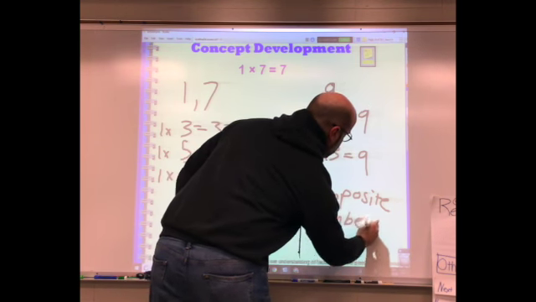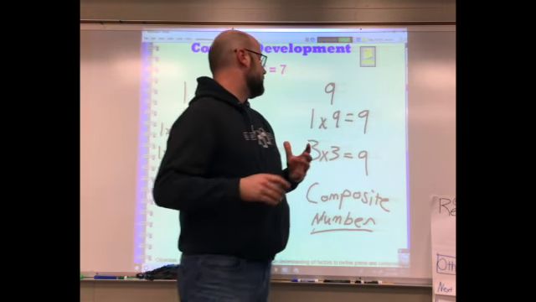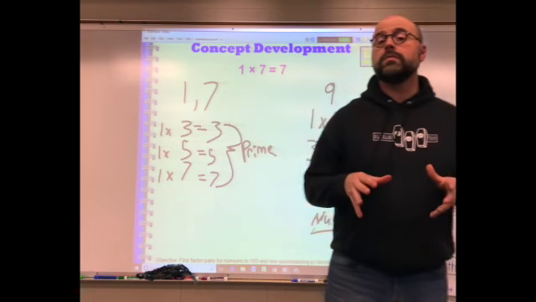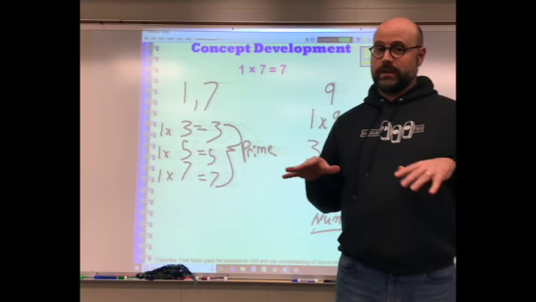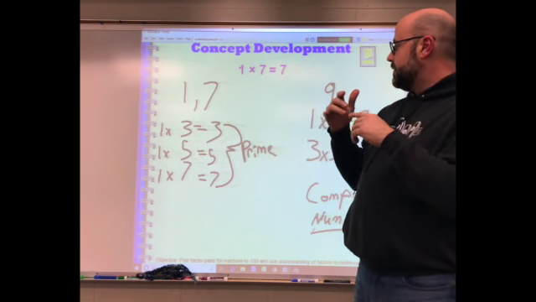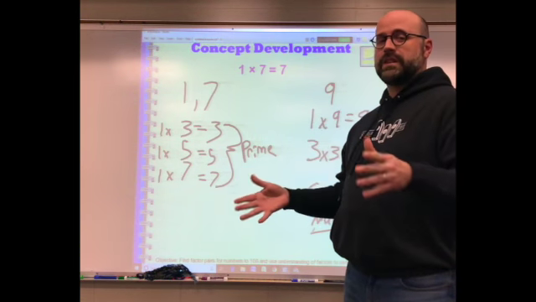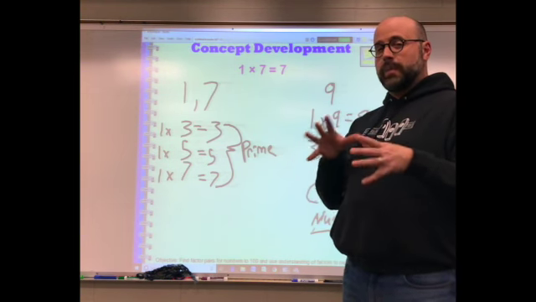And a composite number is any number. Well, okay, so stop and think. Let's be logical here, guys. Use your lovely brains. If a prime number is one that only has 1 and itself as a factor, what do you think a composite number will be?